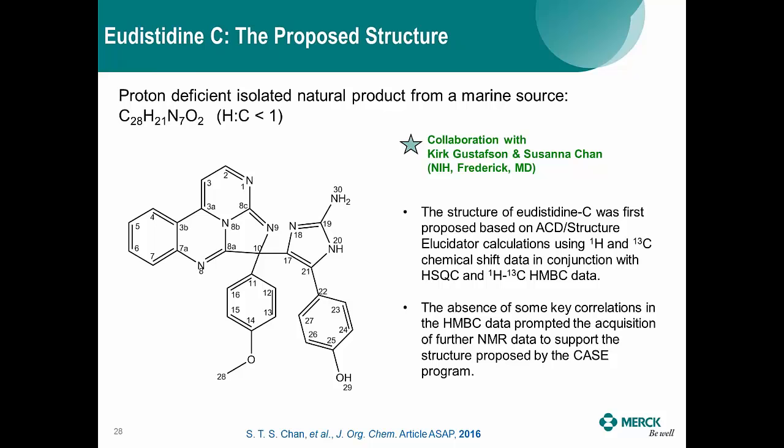This complex alkaloid structure was proposed based on ACD structural elucidation calculations, and also after analyzing the HSQC and the HMBC data. But the problem was that the two phenyl moieties at the bottom of the structure didn't show any correlation to the top part of the molecule.